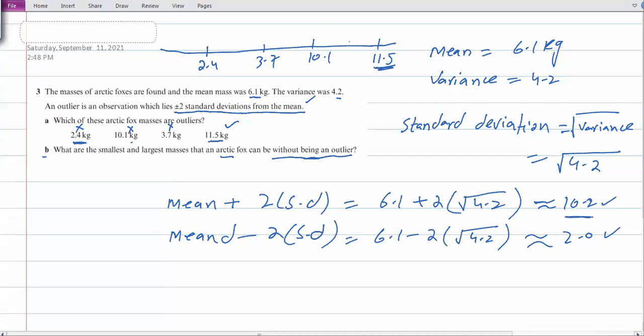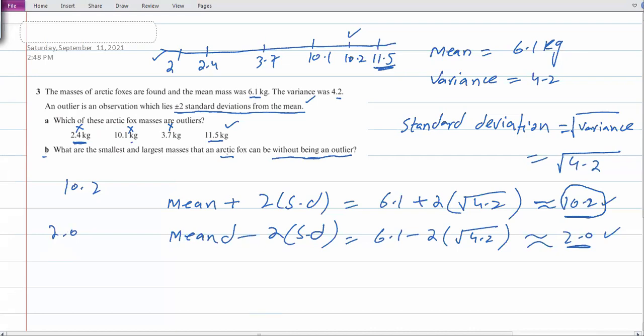So 10.2 will be the largest possible mass without outliers, because we calculated this one. And then the smallest value without an outlier, 2.0, is also now part of the data. So 10.2 is the largest and 2.0 is the smallest value.